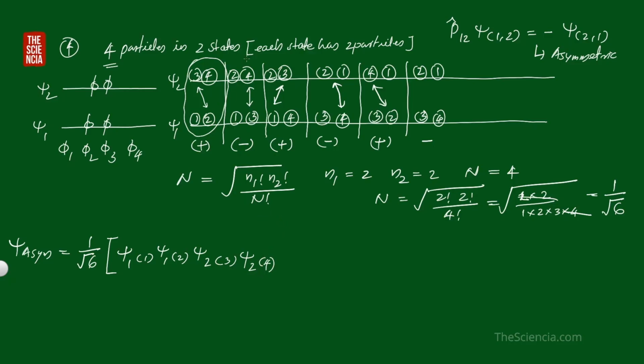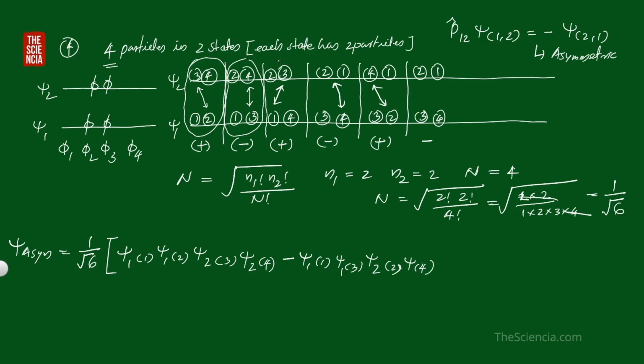Now we are going to consider this one. So there is a minus sign, minus, in psi 1 state particle 1 is there and particle 3 is there, and in psi 2 state particle 2 is there and particle 4 is there.